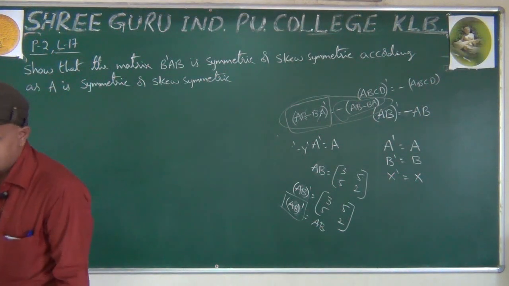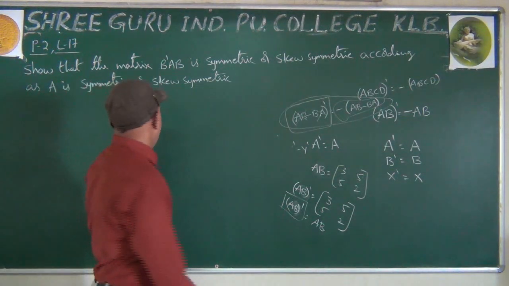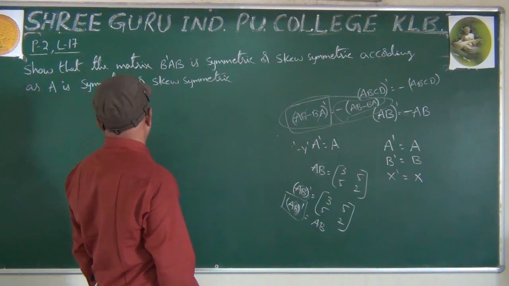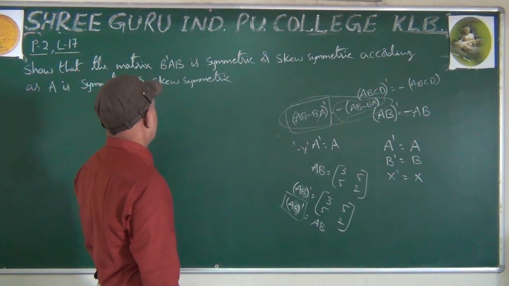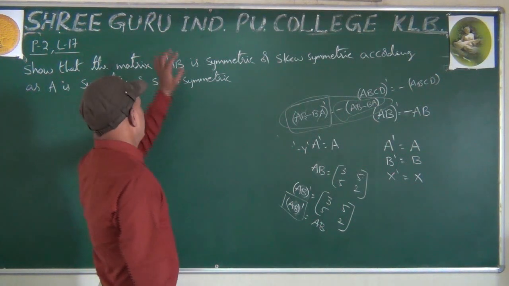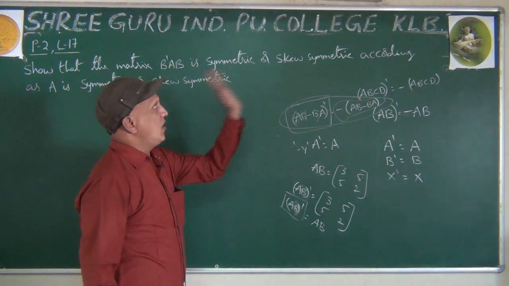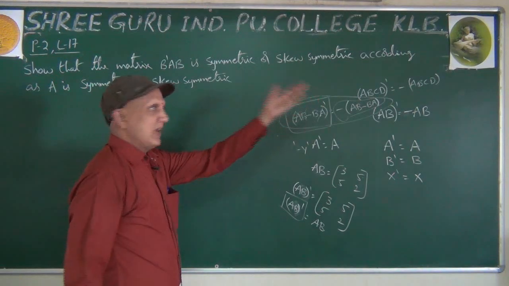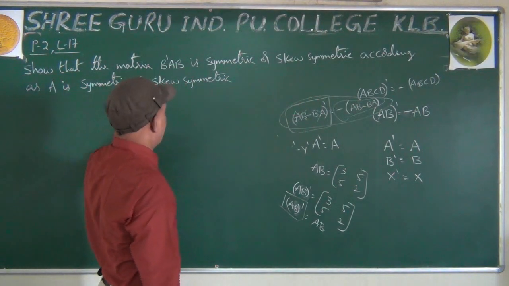This complete part, symmetric or skew symmetric, we have to prove as per A is symmetric or skew symmetric.